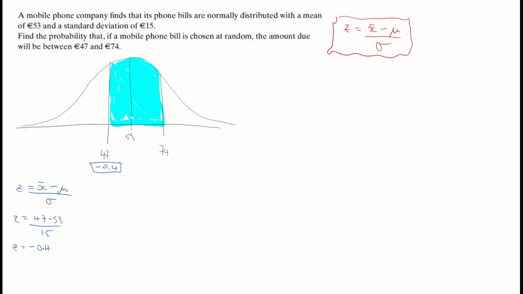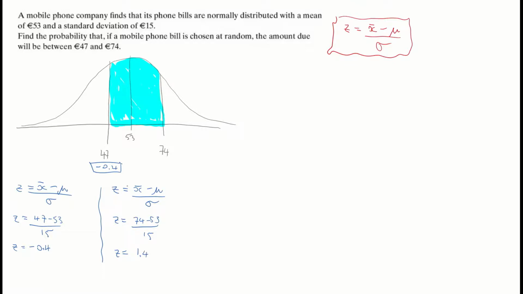So that's my z-score. I now need to find the z-score for €74, so I'm going to do the exact same thing again. Z is equal to x bar minus mu over standard deviation. Z is equal to 74 minus 53 over my standard deviation of 15. Z is equal to positive 1.4.